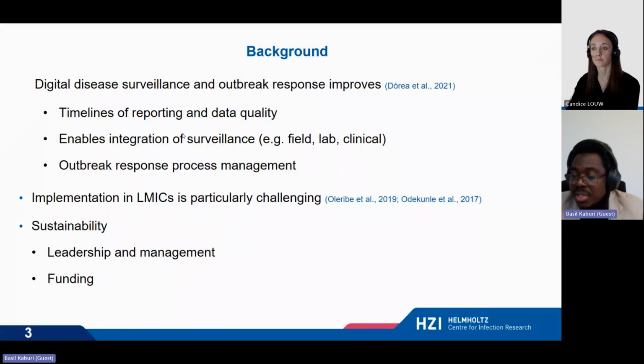The implementation of these systems, however, is particularly challenging in low and middle income countries. Funding is one factor that intertwines with the sustainability of these systems, and the leadership of our system also has a role to play in these implementations.